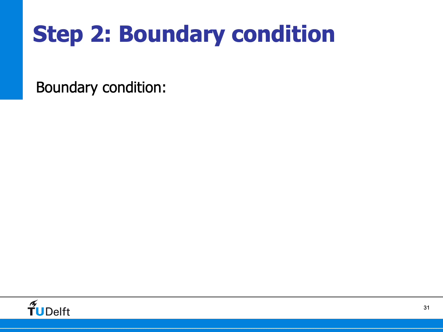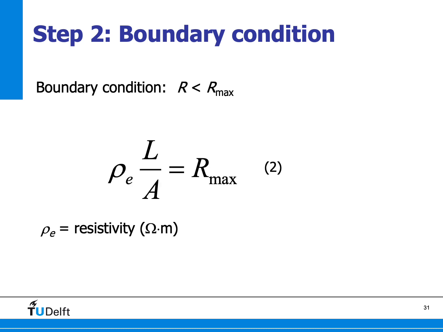Now the second step is to find an expression for the boundary condition. And what is the boundary condition? Well, the boundary condition is that the resistance should be smaller than a maximum value for the resistance R max.